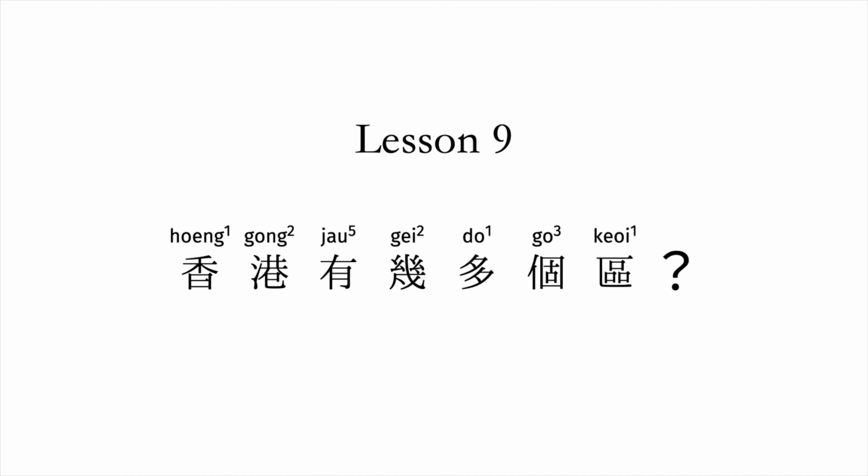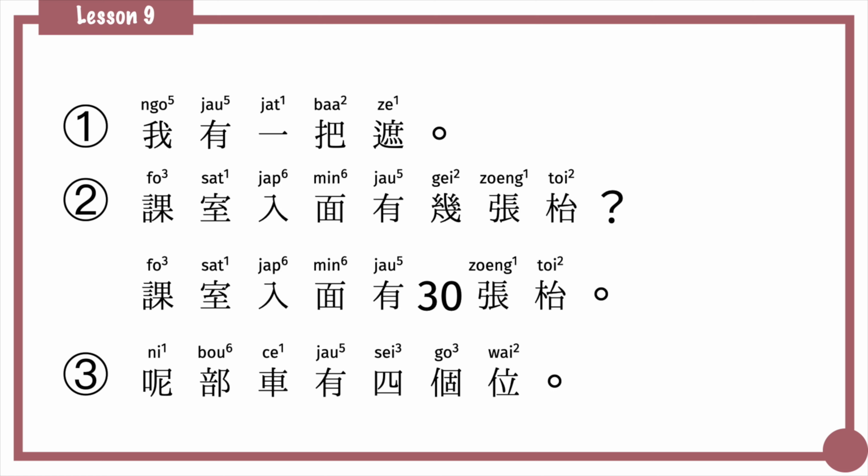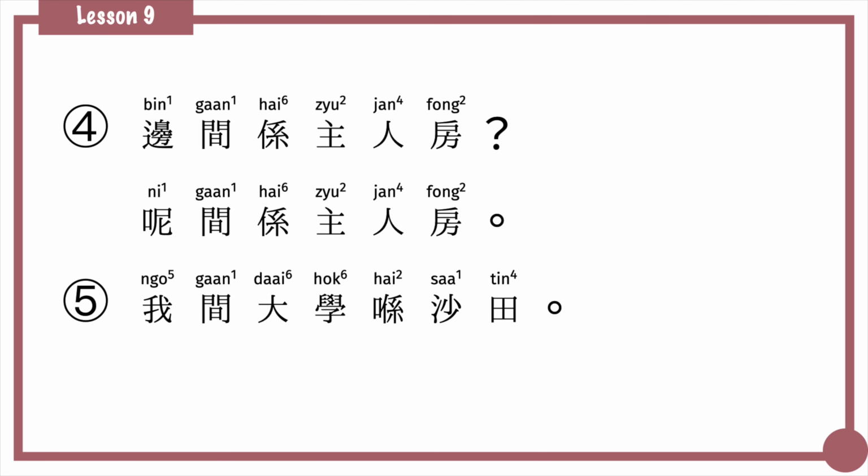In this lesson, we will cover how to use basic measure words with numbers, how to ask open-end questions about quantities, and how to combine 呢 and 個 with measure words and the open-end question of it. And last but not least, how measure words can show ownership or association.